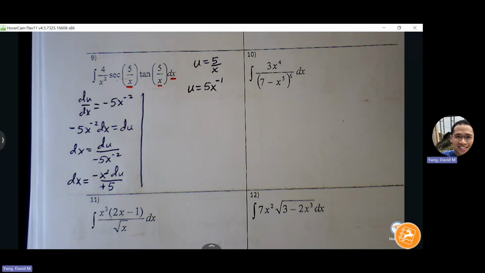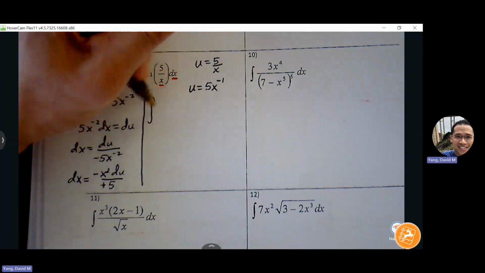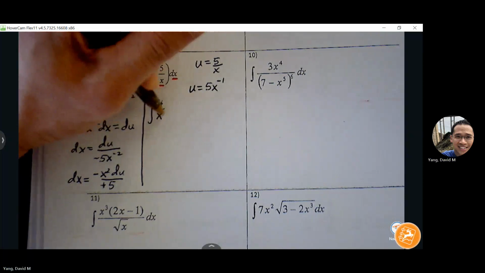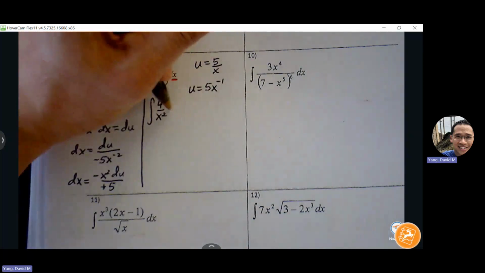Let me show you what this will look like once I put everything back in. The 4 over x squared is going to stay. Replace the underlined portions.